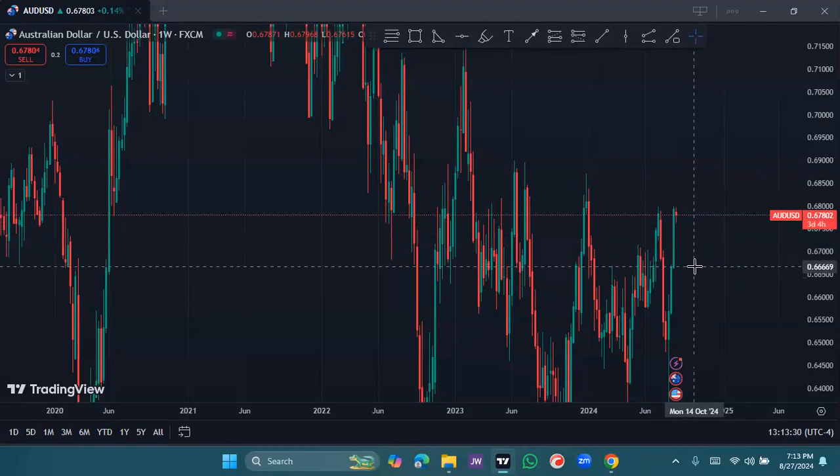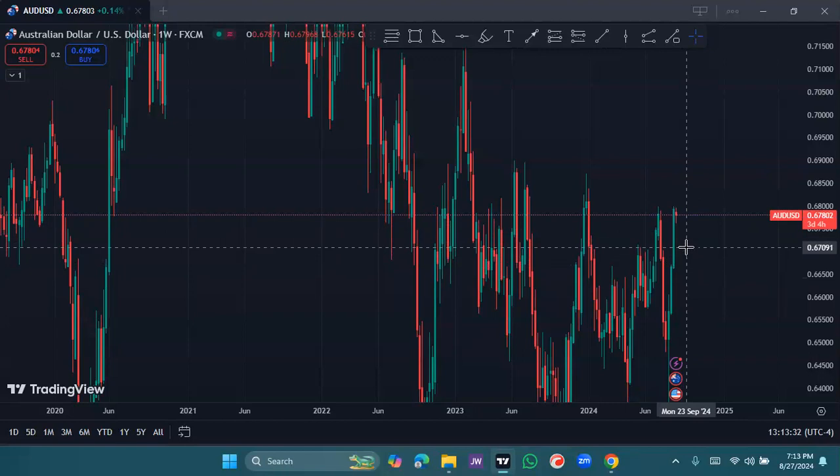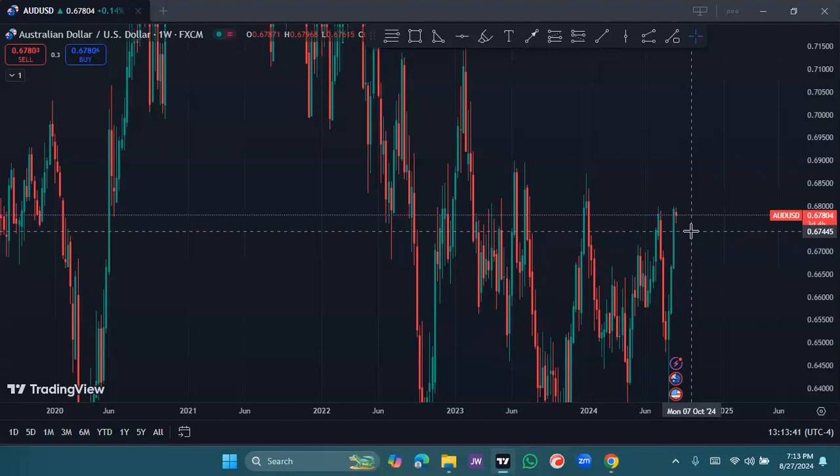I'm not going to say that I was right or I was wrong. I think I've practiced enough. I've learned enough to know that I know what I'm doing and I know what I'm talking about when I'm speaking about the markets. So here goes the Australian dollar US dollar trade, which I promised you.